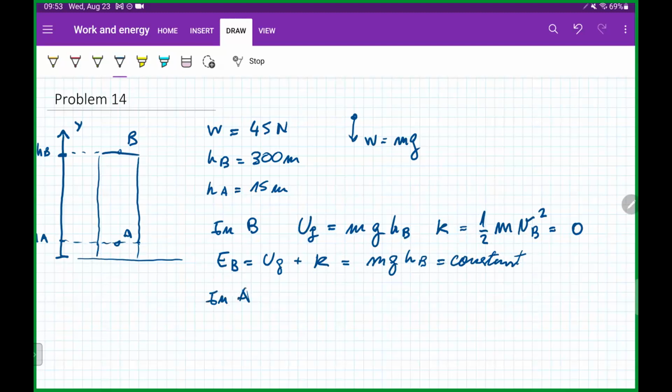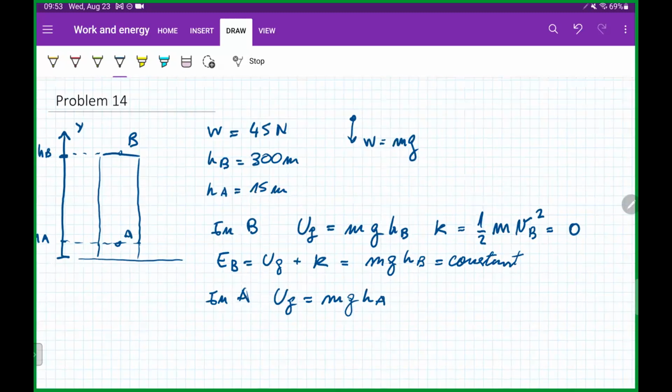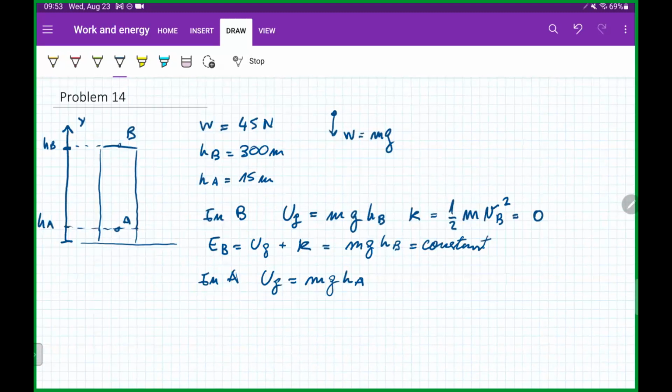And in A, we have the potential energy mg h_A, which is not 0, because remember this thing is asking for the object at point y equal 15 meters, so it's not 0.